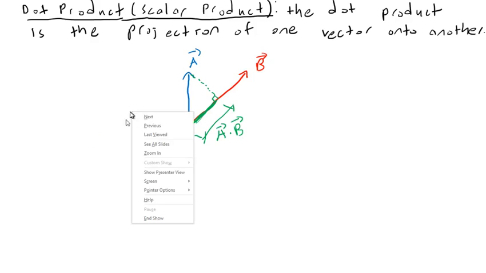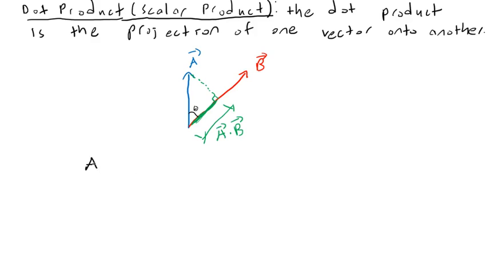Well, what else can we say? What if we wanted to know the angle between them? Let's say we had this here, theta. Another property of dot products is that A dot B is equal to the magnitude of A times the magnitude of B times the cosine of the angle between them.